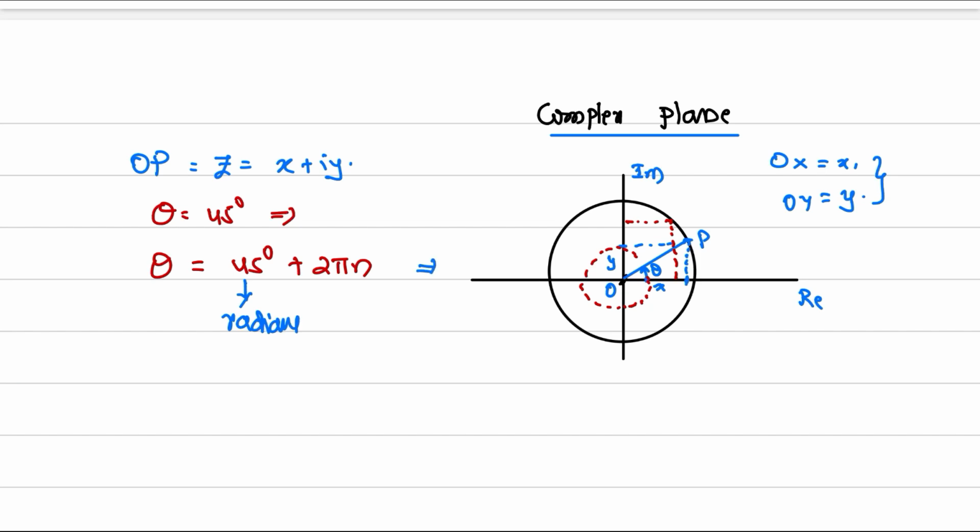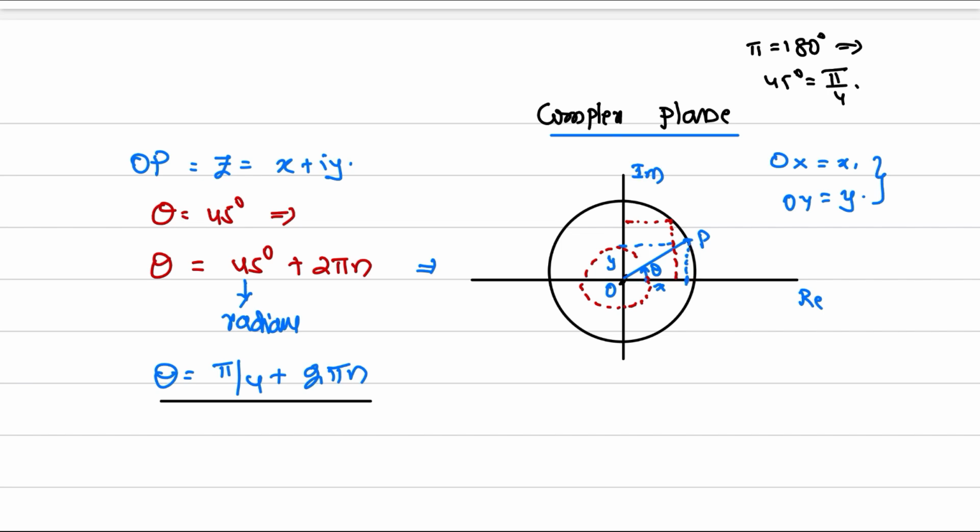We can write theta as pi by 4 plus 2 pi n. Please check how pi by 4 has come. Pi is equal to 180 degrees, which implies 45 degrees is equal to pi by 4.